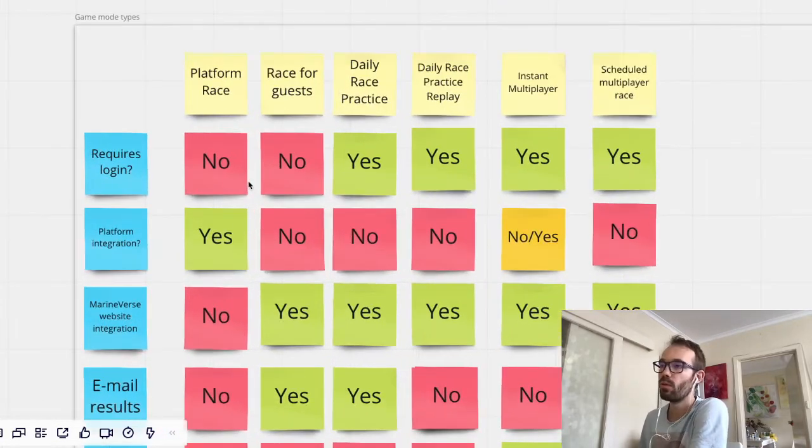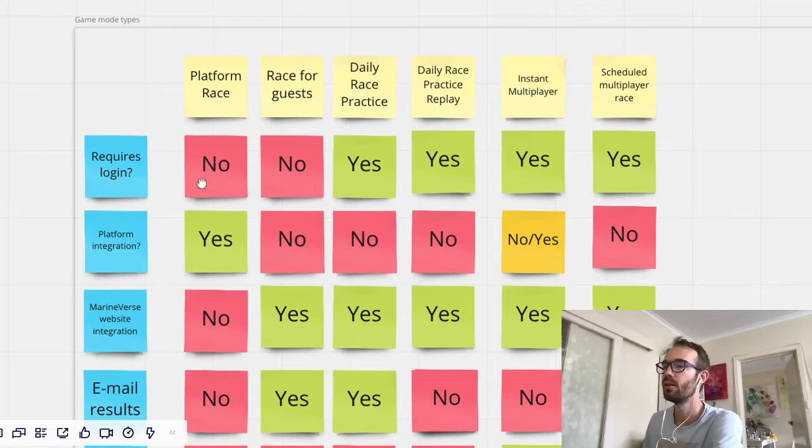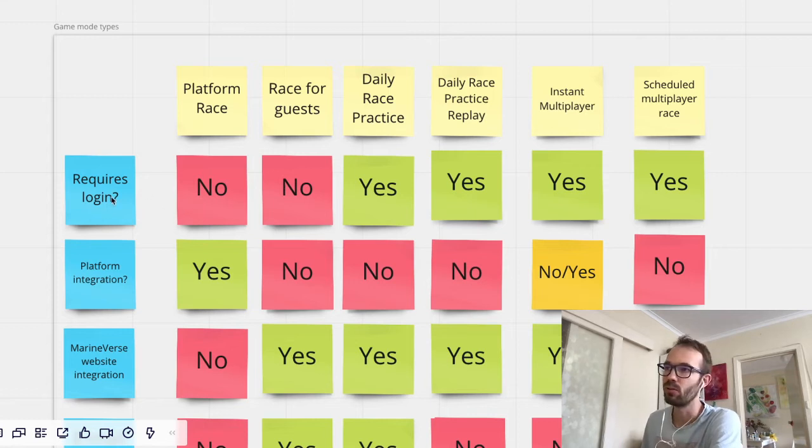So when you install MarineVerse Cup and you don't have a MarineVerse account or you haven't logged in, you're interested whether you can do activity with or without being logged in. And that's the first difference between all those different game modes. Platform race, platform here refers to Steam or Oculus. Platform race doesn't require you to log in. So you can essentially launch the game and go straight into platform racing. Another race like that is race for guests.